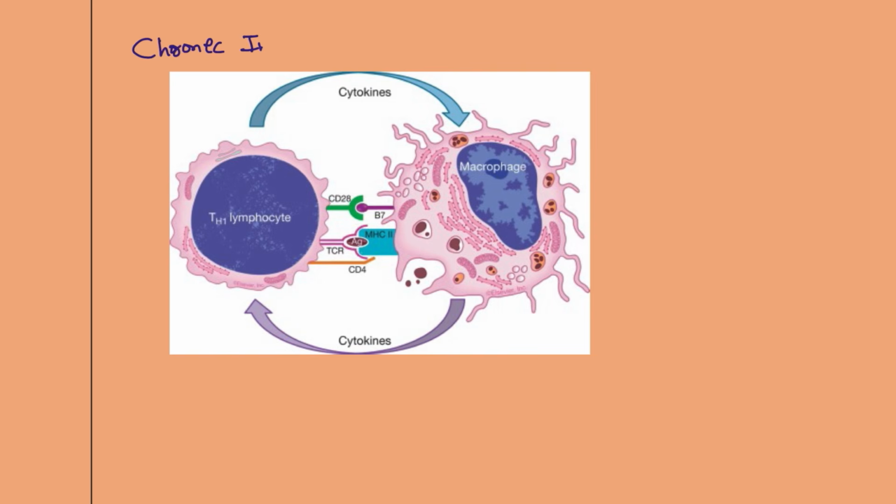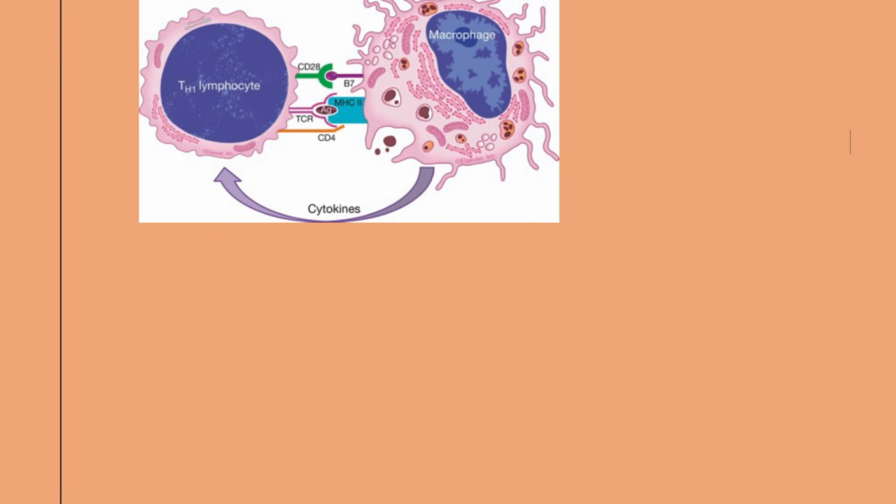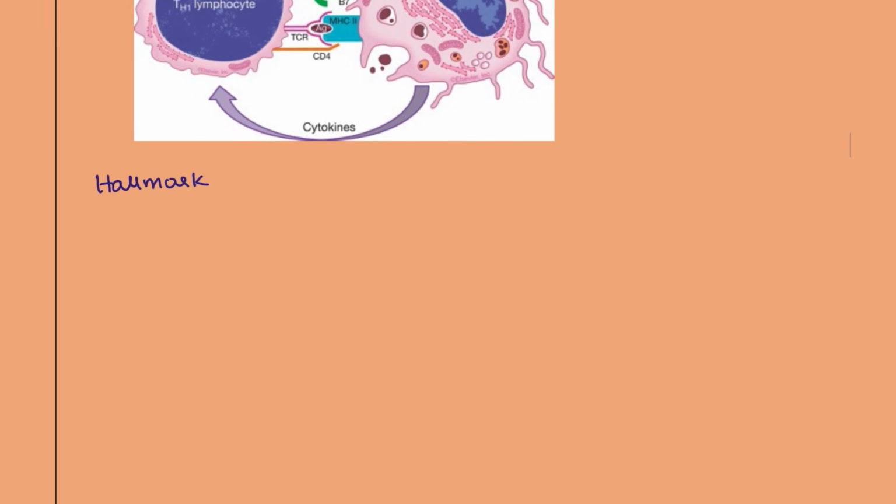Chronic inflammation will be delayed and slow. The main hallmark of chronic inflammation is tissue destruction. How is the tissue destruction done?